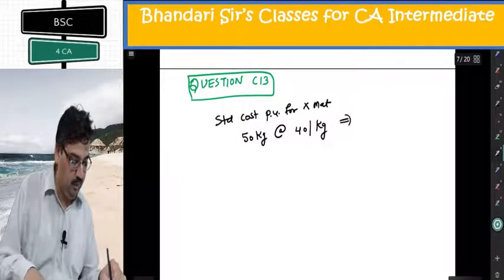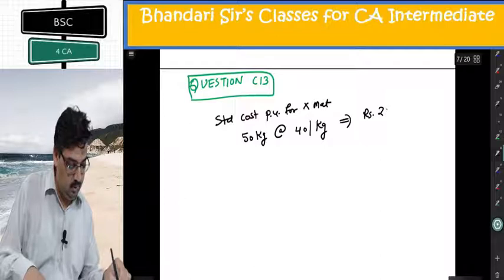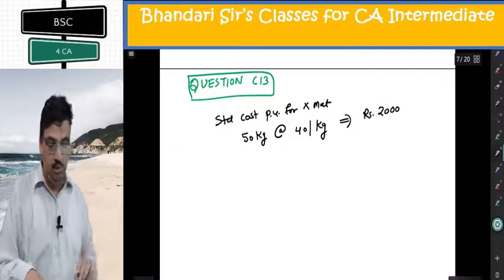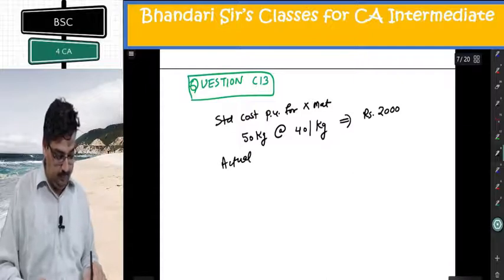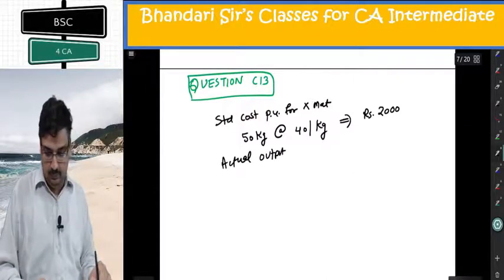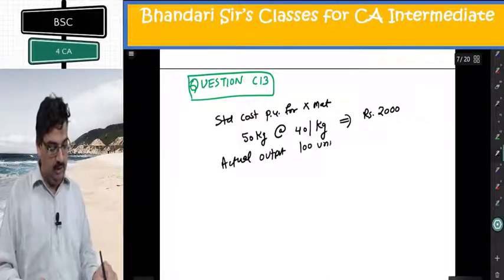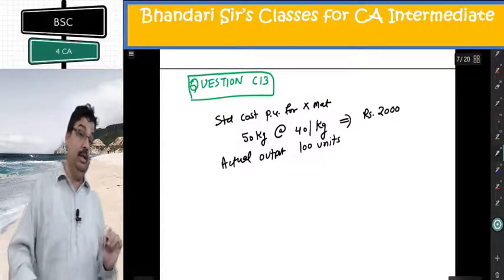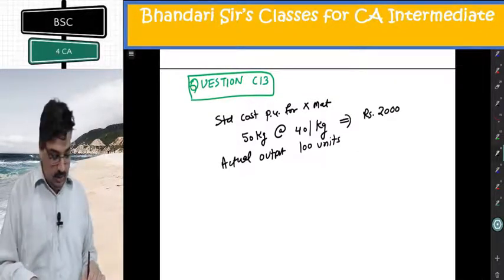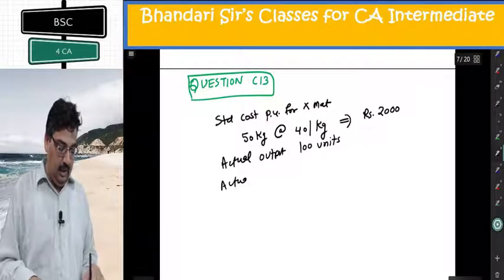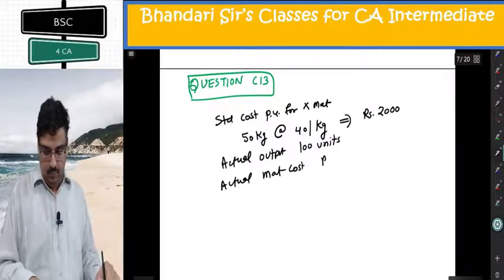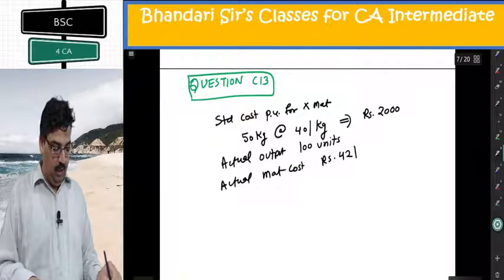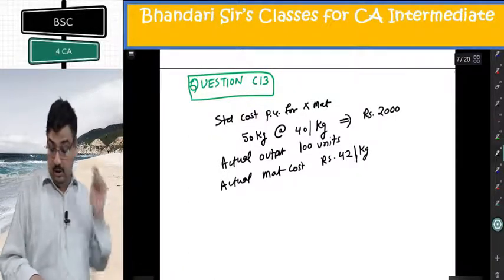So in output, this is rupees 2000. Actual output 100 units. It's not kg, it is units. Actual material cost 42 per kg. Amount is not known.